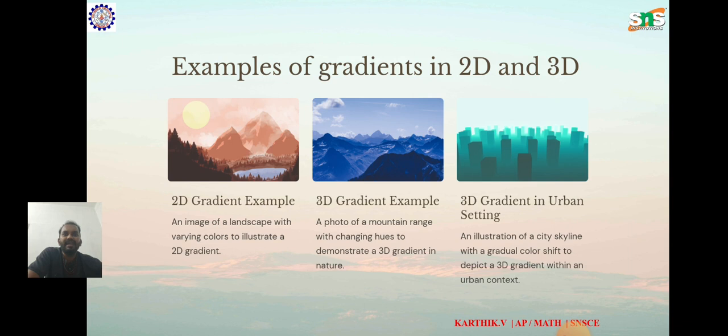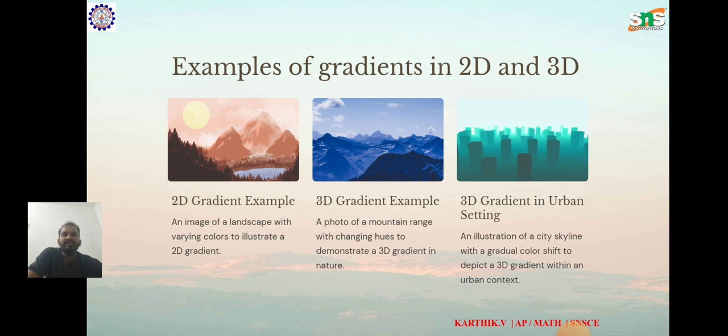Examples of gradient in 2D and 3D. Let us take a first image of a landscape with varying colors to illustrate the 2D gradient. In two dimensions, let us consider the scalar field f of x, y equal to x squared plus y squared.